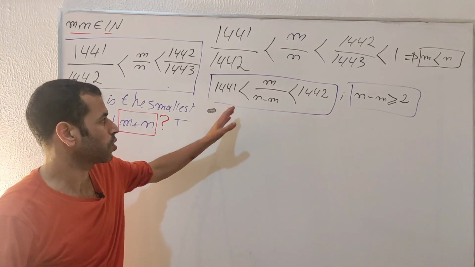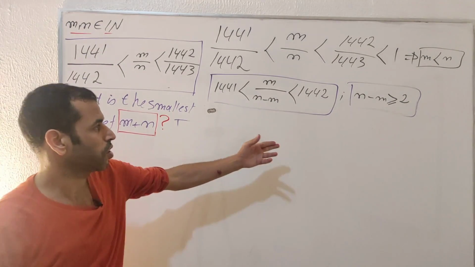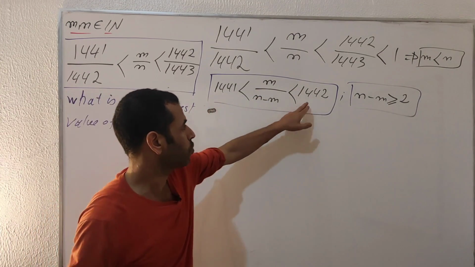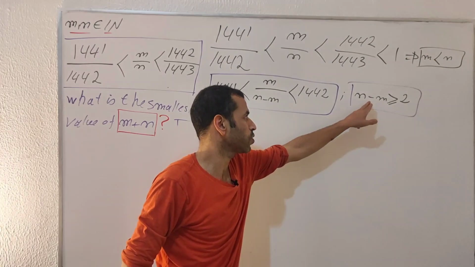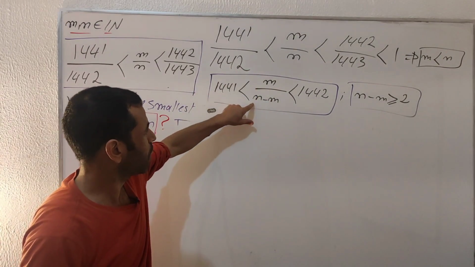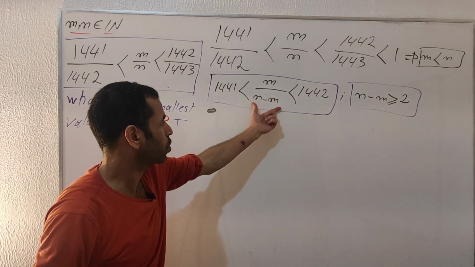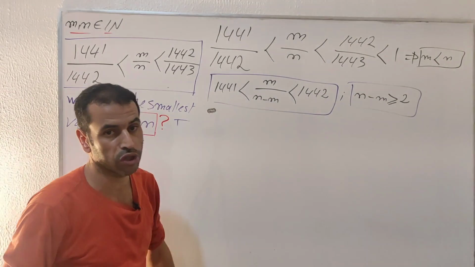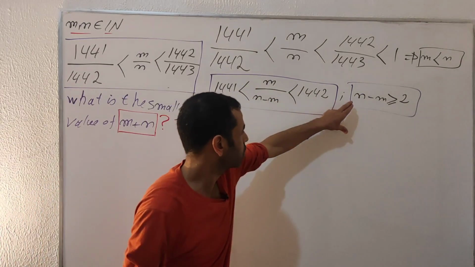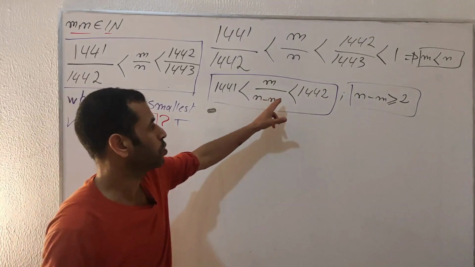Previously we were working on this inequality and came up with these nice facts. We get this inequality between 1441 and 1442, and we found out also n minus m is superior or equal to 2. So n minus m was not equal to 1, due to the contradiction that we found. So we have 2 facts that we are going to base on.